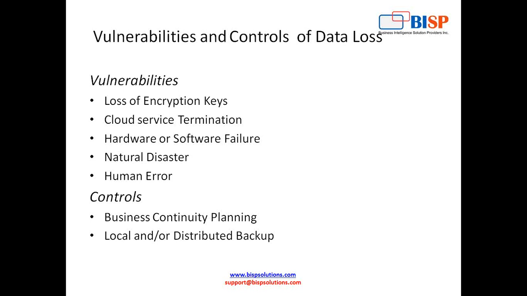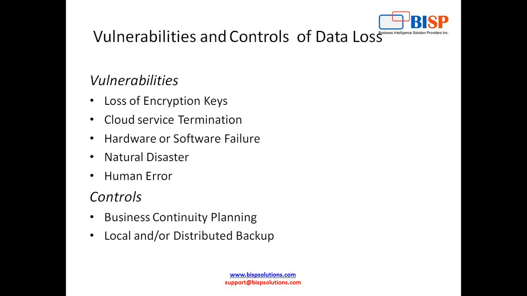So what are the control measures? The control measures are nothing but business continuity planning. This applies to people who terminate the cloud service one fine day. So the BCP should be validated by small and medium level companies, to confirm that the cloud service will be there for a certain period of time.